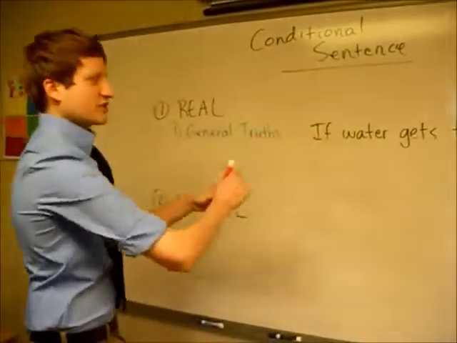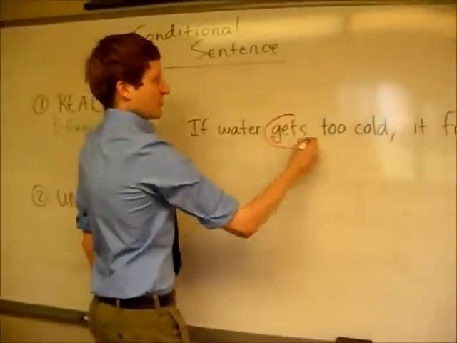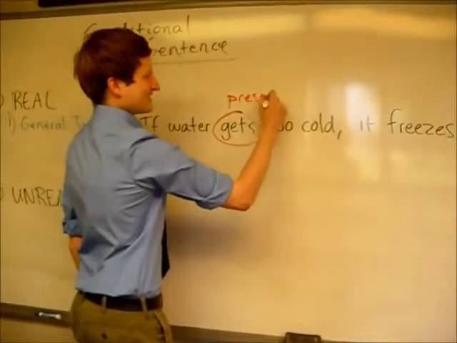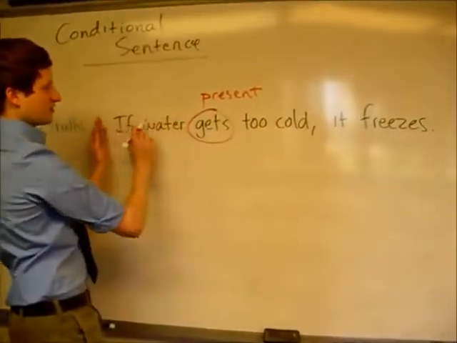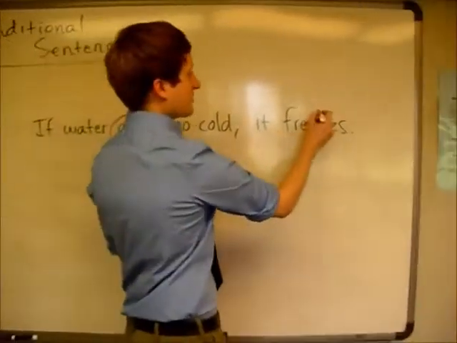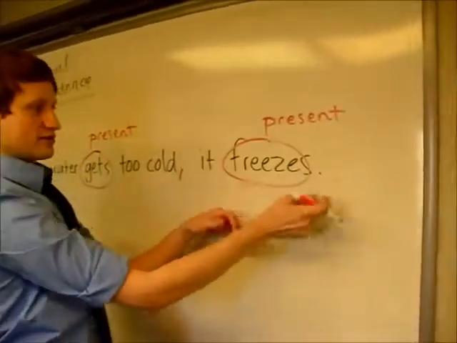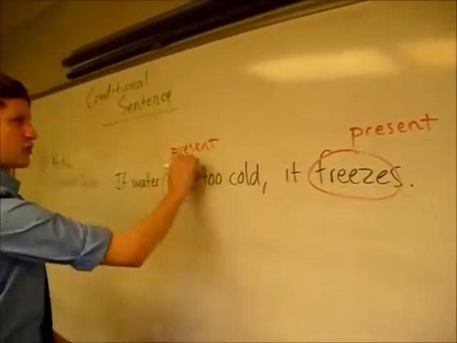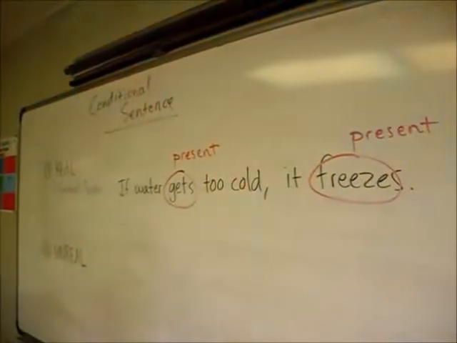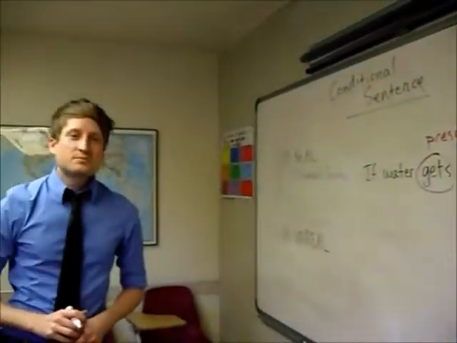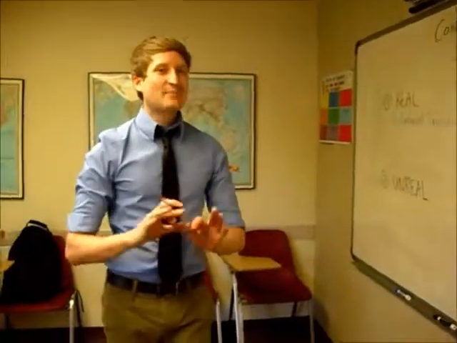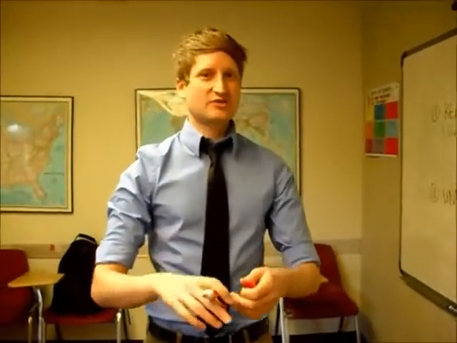And in this situation, you use the present tense in the first part with if. And you use the present tense in the last part, in the result, the consequence, right? Present. I'll give you another example. This one is about habits that are always true.